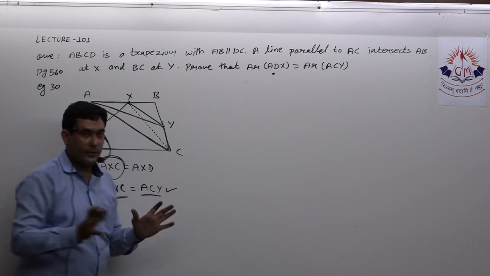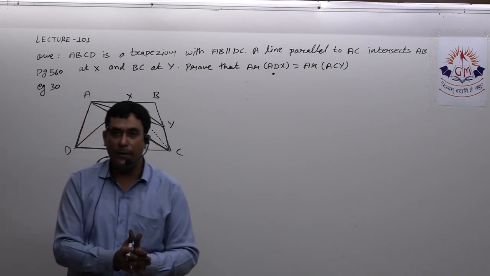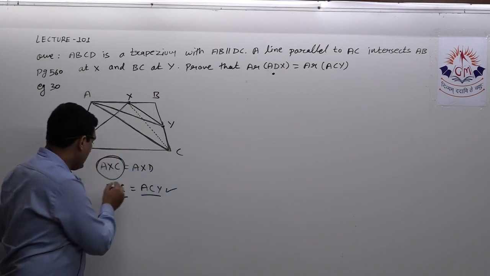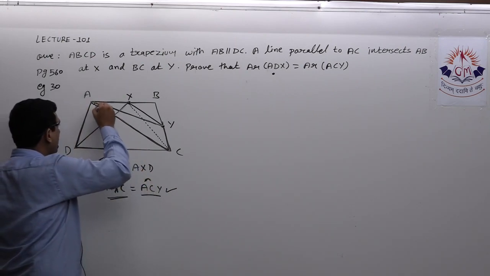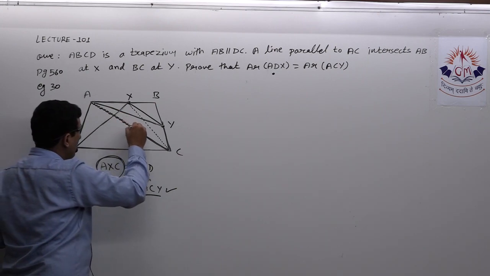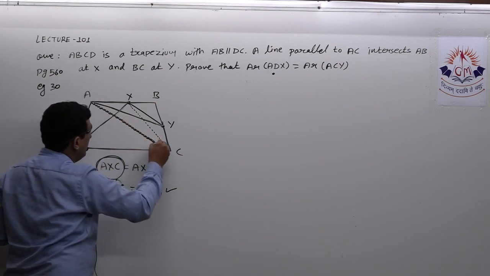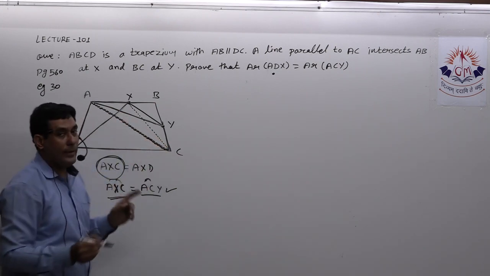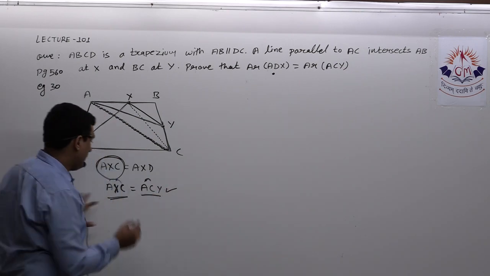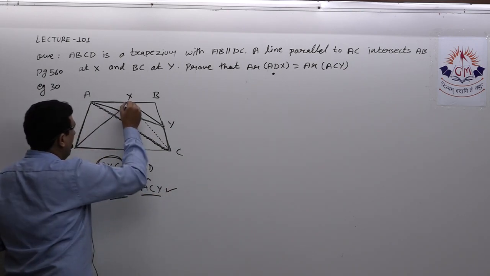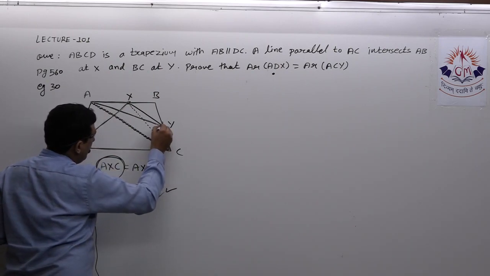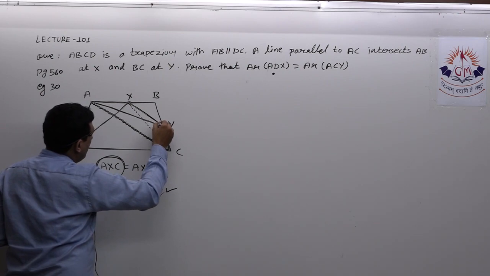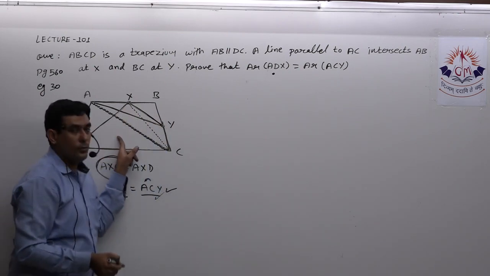How to identify whether two figures are on the same base and between same parallels? For same base there must be a common side. So for these two triangles the common side is AC. Next we have to check the remaining vertex of these two figures: the remaining vertex of this triangle is X and of this triangle is Y. So these two must be on a line parallel to the common base.